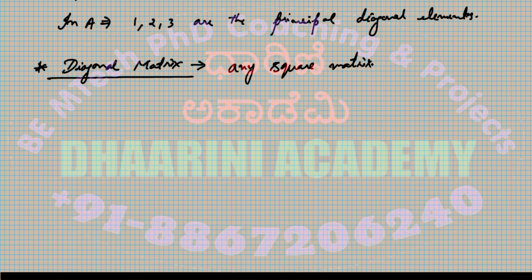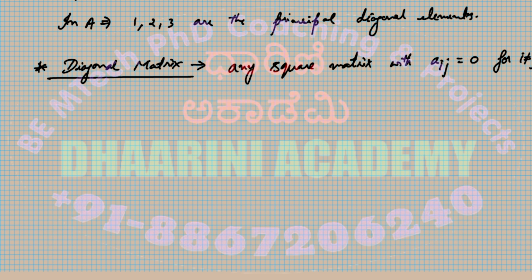Okay, that's why any square matrix with Aij equal to 0 for i is not equal to j, right? Any aij should be 0 if i is not equal to j. If i equal to j, I know that it is a diagonal element. So diagonal elements are not 0, but non-diagonal elements are 0. That's what is the meaning of this.